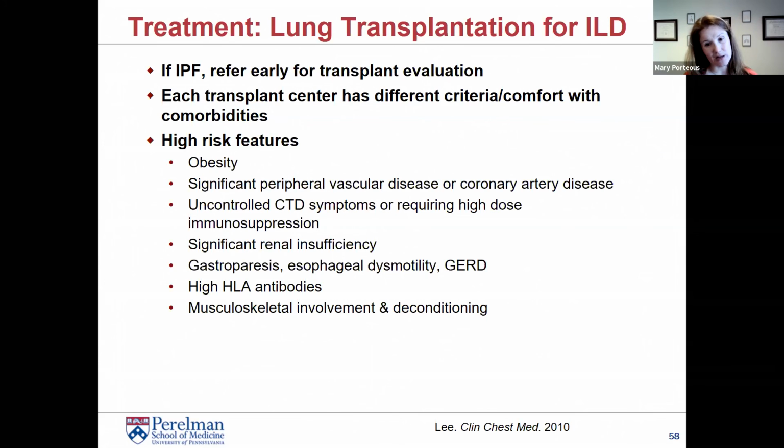Also significant renal dysfunction, bad gastroparesis, or if they're really sensitized and have a lot of antibodies that will preclude us from finding a donor that they won't have an antibody against. And certainly if they're deconditioned or frail, we know that's an independent risk factor for poor post-transplant outcomes.